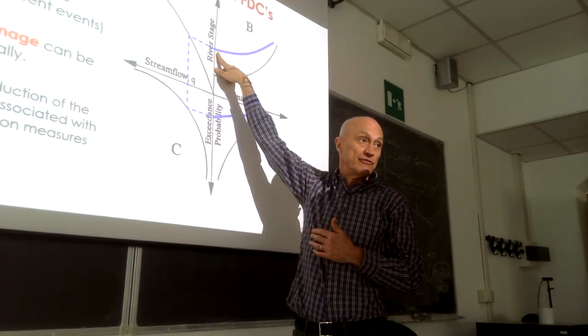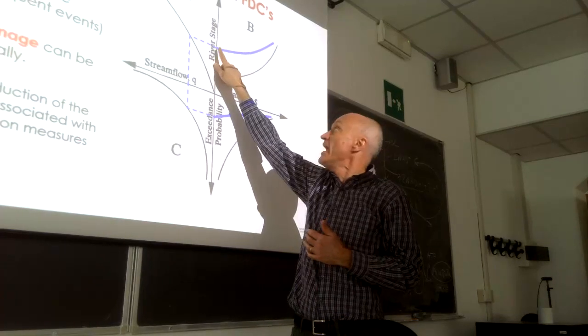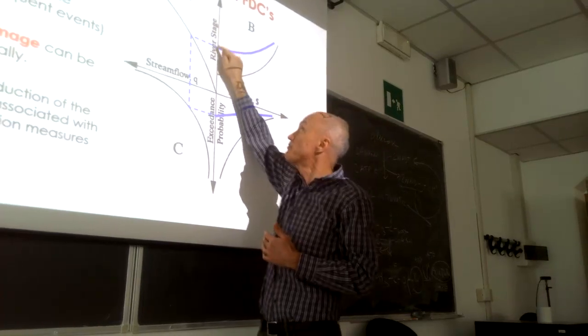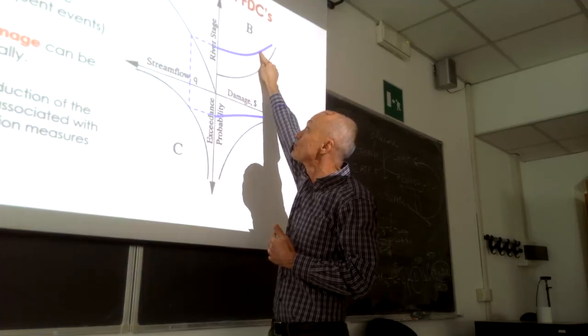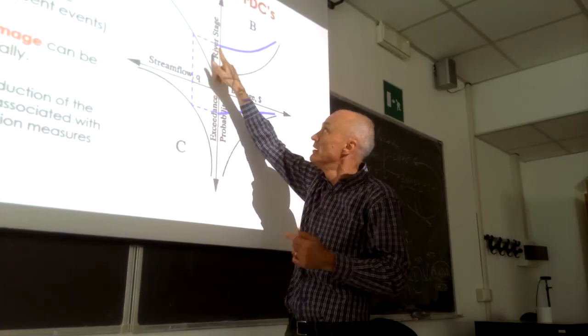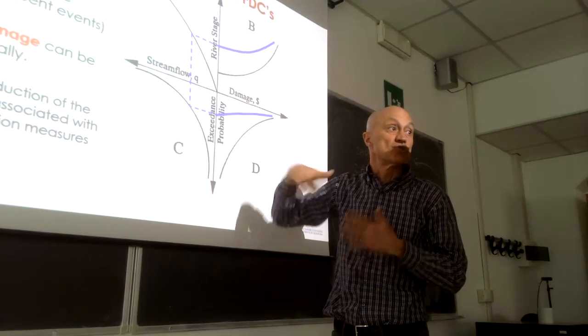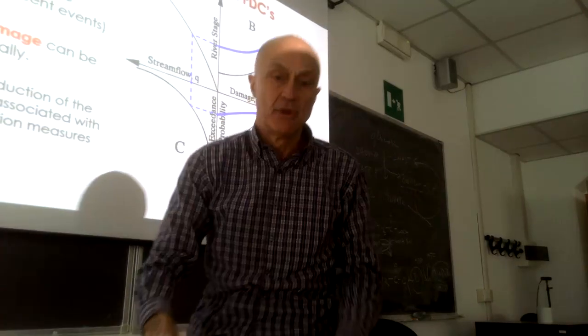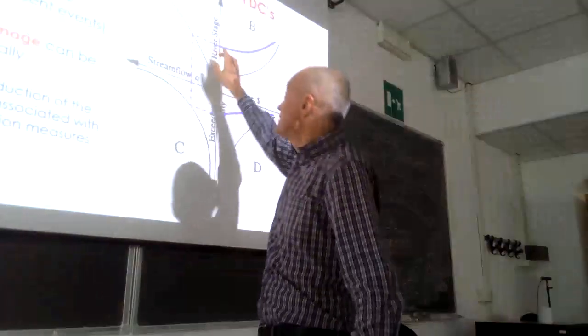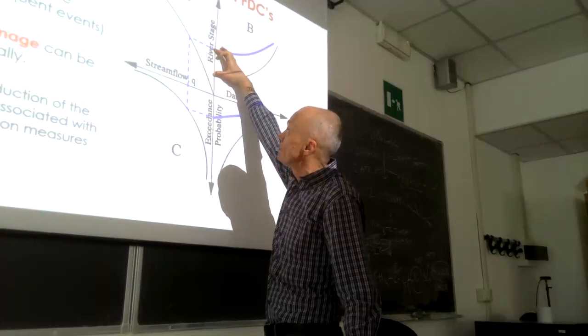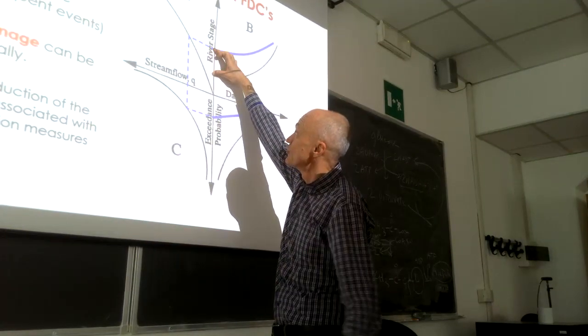Now, since the construction of this agricultural levee, the damage exceedance probability curve went down a lot. And now the expected damage is this area instead. So you can compare graphically different situations.